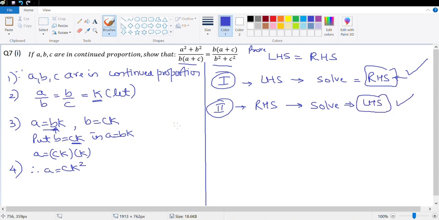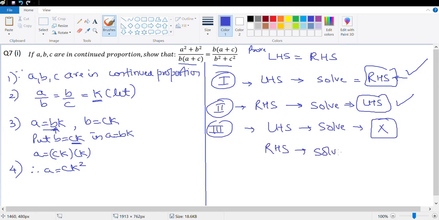Number 3, you work with left hand side, and let's say you solve it and you get a value equal to X. Then you start working with the right hand side and you solve it, and you get the value X, which means since left hand side and right hand side are equal, we've been able to prove it. So these are the 3 approved methods by the board.